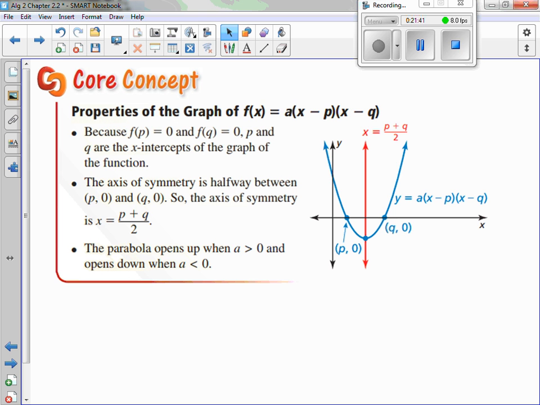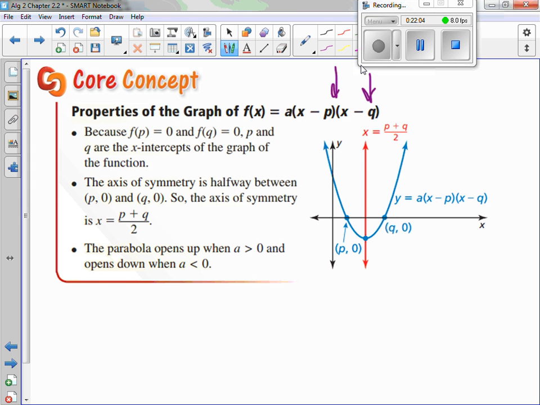And this here is really the intercept form, because p and q are the x-intercepts. They're the values of x where this function crosses the x-axis, where the value of y is 0.